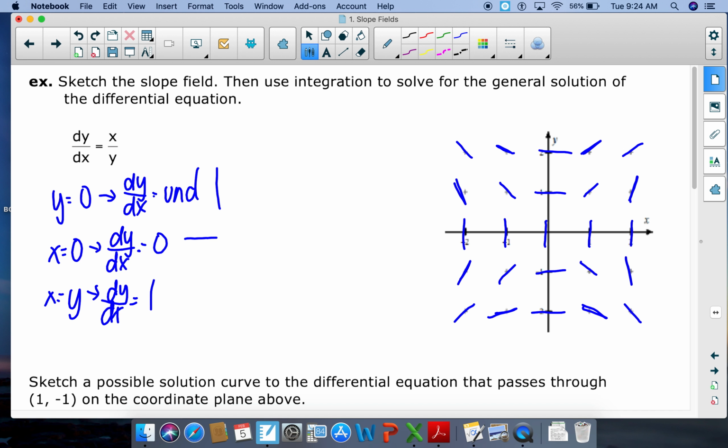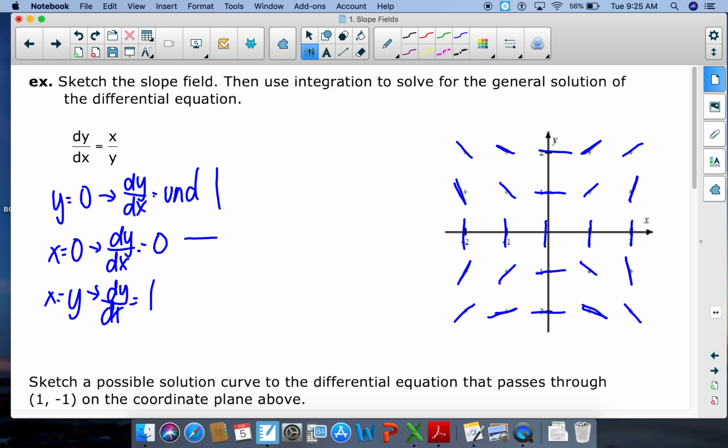That's how important this is. Never go through an undefined slope.